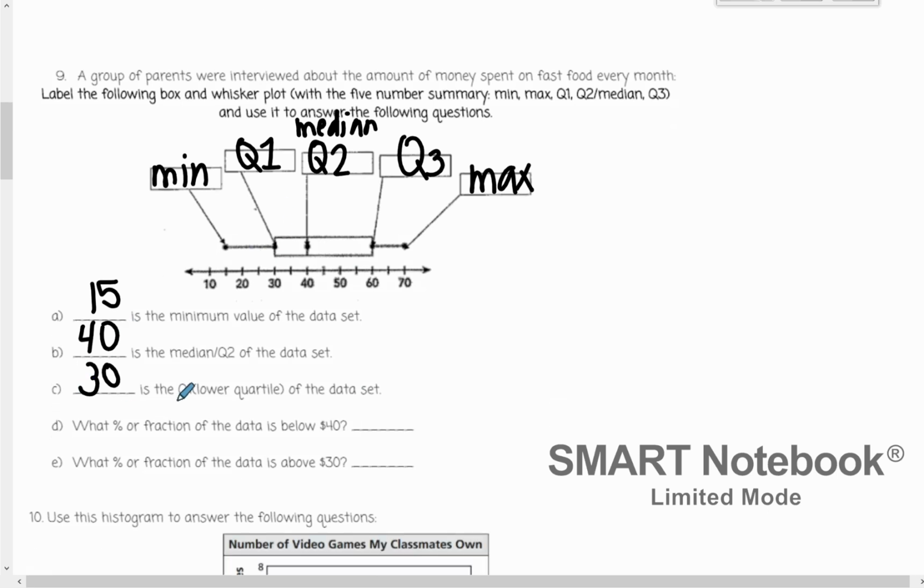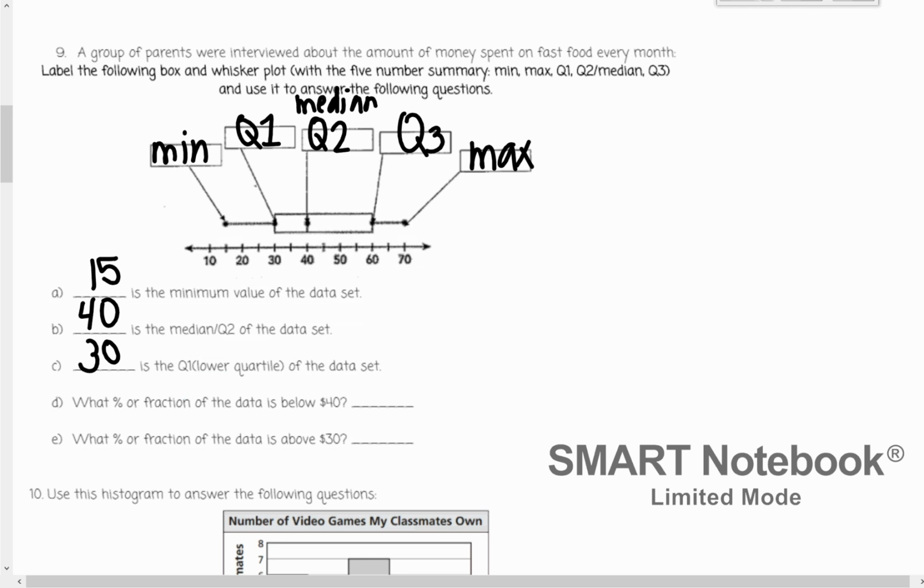What percent or fraction of the data is below $40? Okay, remember each part of these box and whisker plots is 1/4 of our data. So this is 1/4, 1/4, 1/4, 1/4. Or you can talk about percent, 25% each.